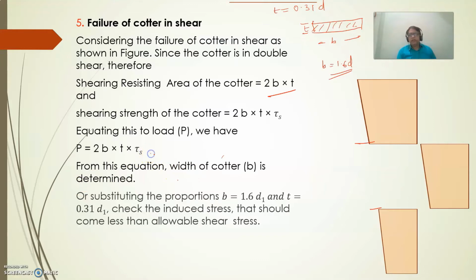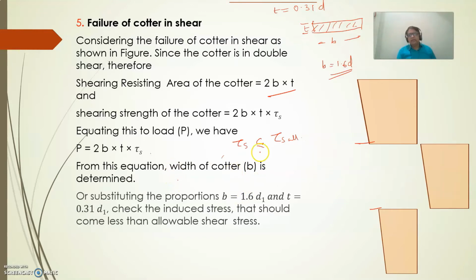If you know the proportion, you can use B and T over here. As I said, B is equal to 1.6 d and T is equal to this. You can find tau s, and that should come less than tau s allowable, the permissible stress.